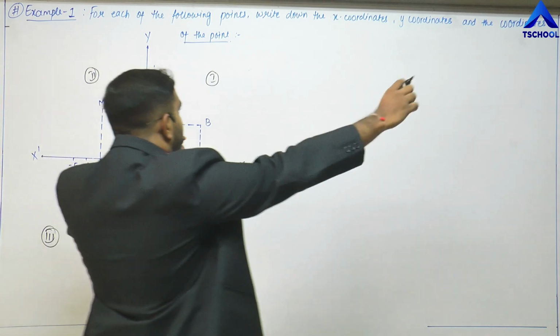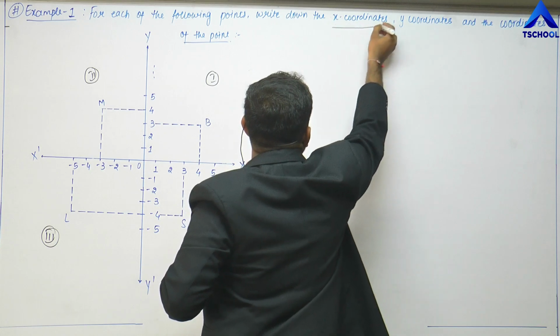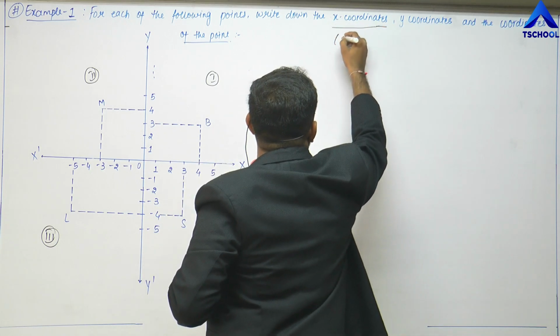We also discussed in the previous lecture that the x coordinate is also known as the abscissa.